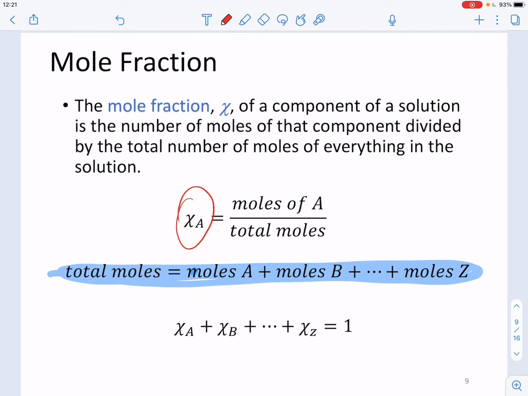One important relationship that you need to be aware of is that, regardless of the number of components, if you add all the mole fractions from all the components, they have to add to 1. If it's only A and B, then the mole fraction of A plus the mole fraction of B has to equal 1.